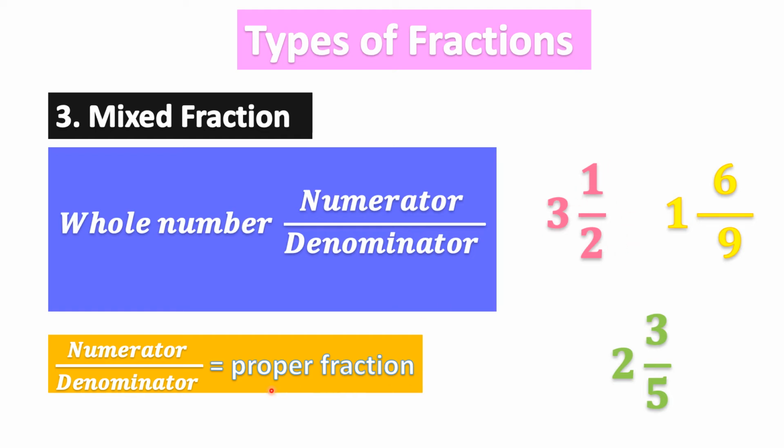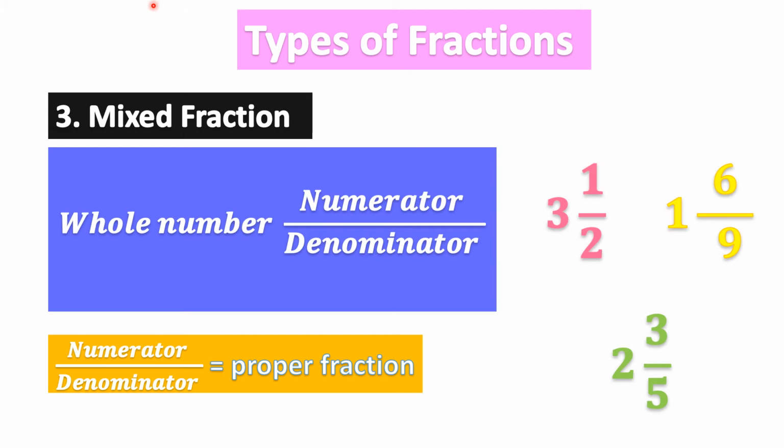Why is it a proper fraction? Because 1 is less than 2. Numerator is less than denominator, so it's a proper fraction, right? So this whole thing we pronounce as 3, 1 by 2. So this is a mixed fraction, right?